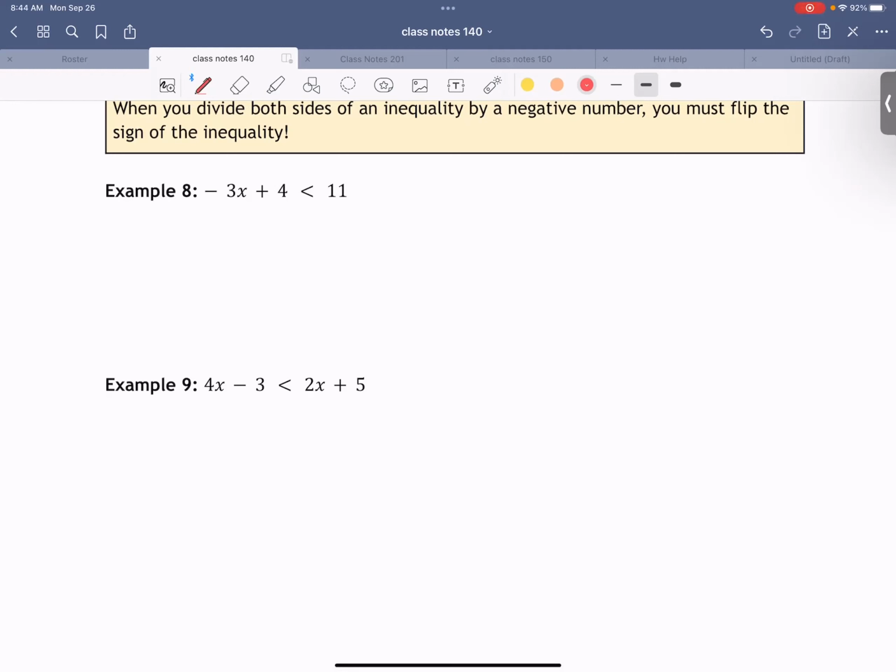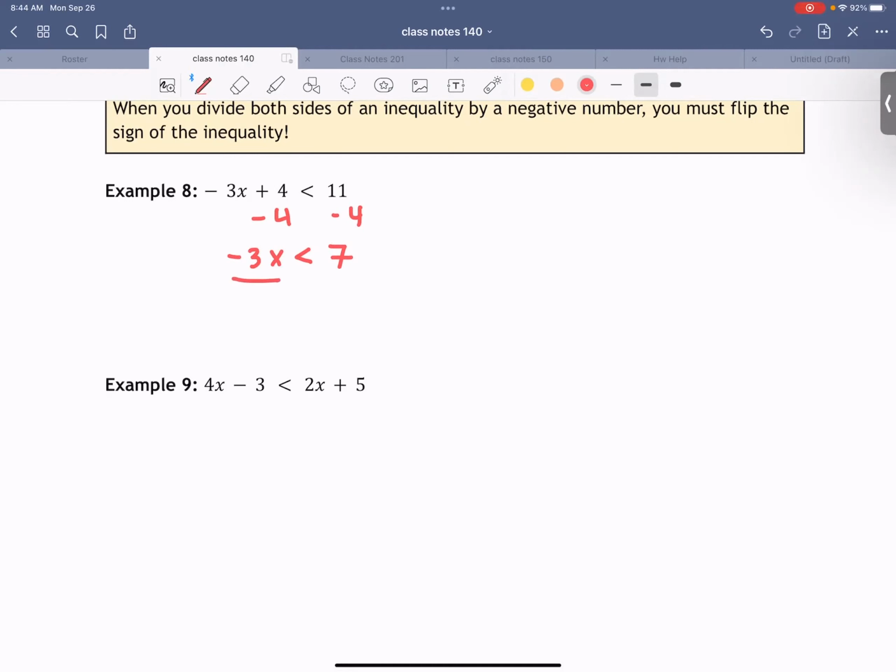Okay, we can solve this just like a normal equation. We can subtract, add, whatever we want. Okay, we have -3x is less than 7. Now I want you to pay attention to this step here. I have a -3 times an x.